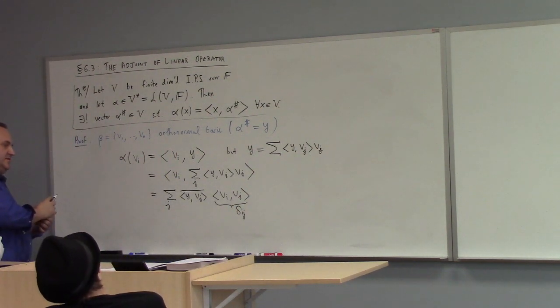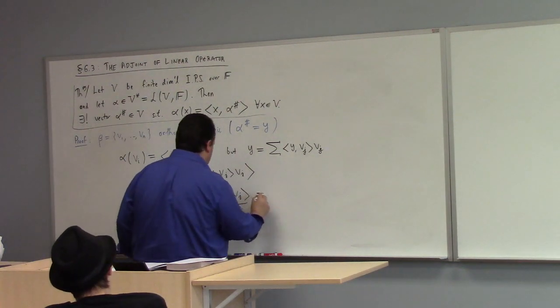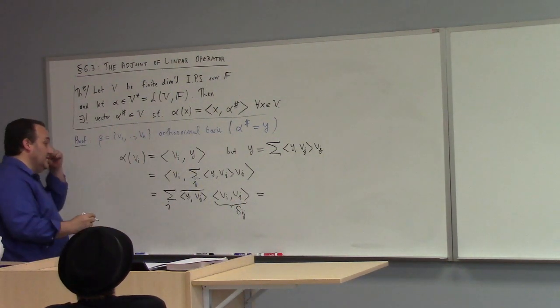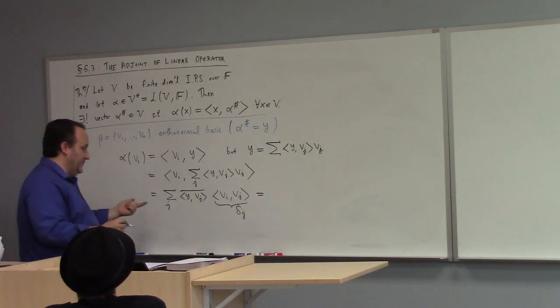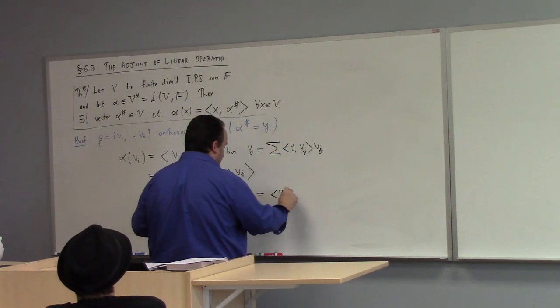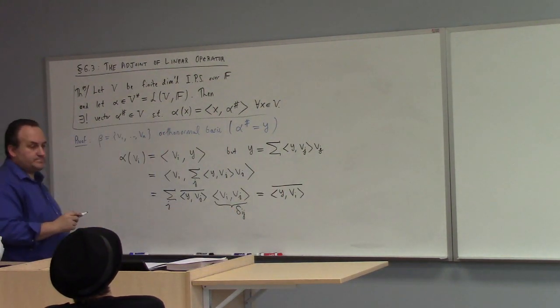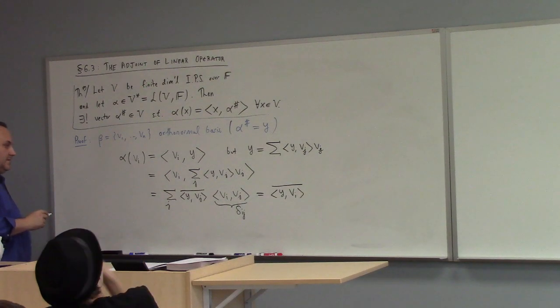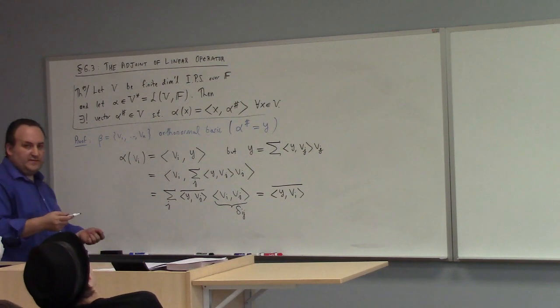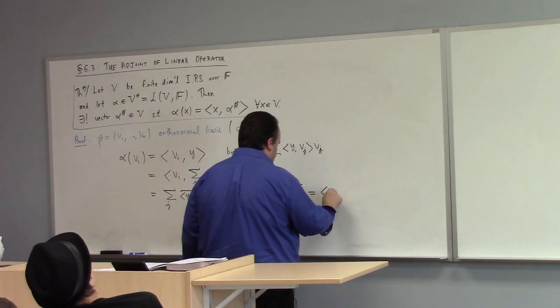So what does this show me? This simplifies simply to the complex conjugate of y with, not vj, but vi, right? And of course, we can use the axiom of the inner product to trade that for vi with y, if you want.